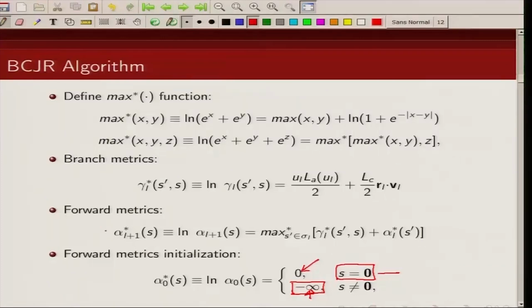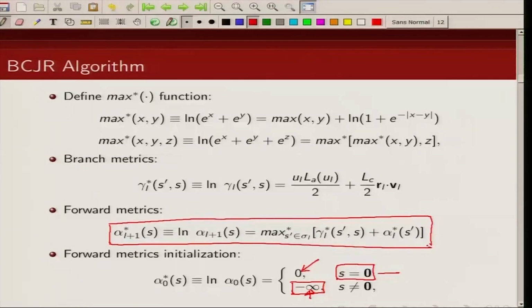So if we are writing our recursion using the max star operation, the initialization should be done like this: alpha 0 star for state 0 will be 0, and it will be minus infinity for all other cases.